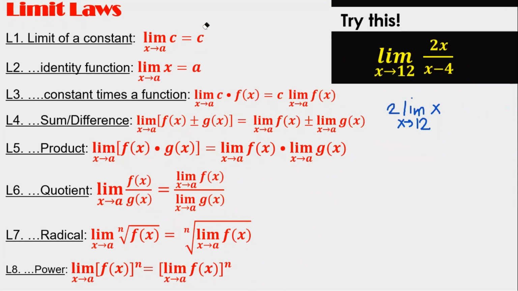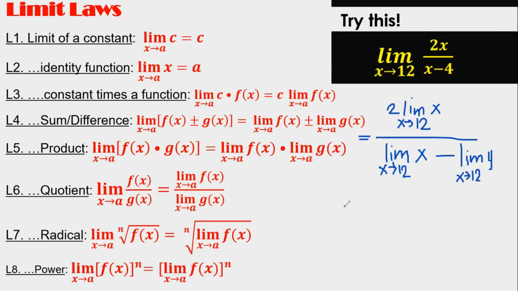Okay, so next, what we're going to do is, so we have here 2 times limit of x, by using the constant times a function, over, of course, the limit of x as x approaches 12 minus limit of 4 as x approaches 12.